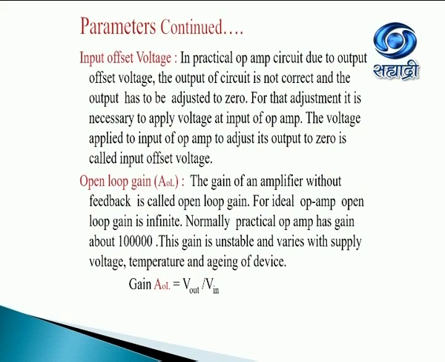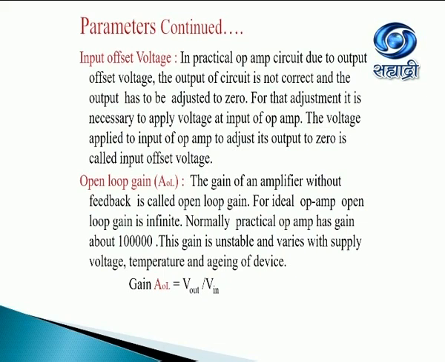Open loop gain. The gain of an amplifier without feedback is called open loop gain. For an ideal op-amp, open loop gain is infinite. Normally, a practical op-amp has a gain of about 1 lakh. This gain is unstable and varies with supply voltage, temperature and aging of the device.